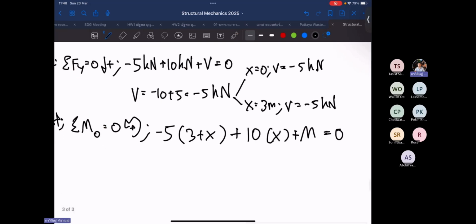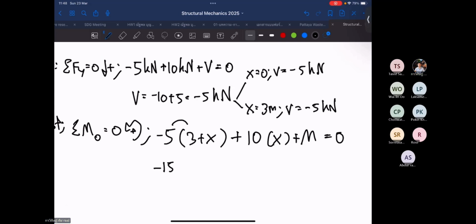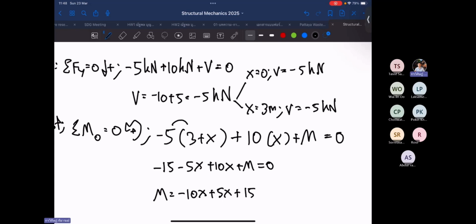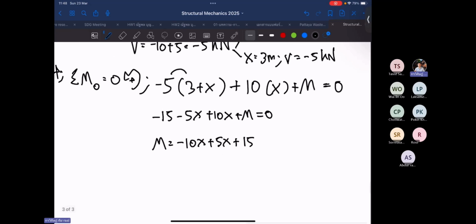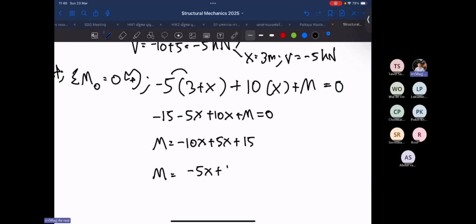Let's write it down. 5 times 3 equal to 15, minus 5x plus 10x plus M equal to 0. So M alone equal to minus 10x plus 5x plus 15, or M equal to minus 5x plus 15.